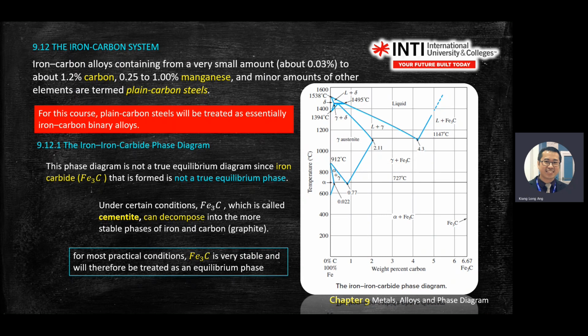In a more simplified diagram, you don't see Fe3C, you see carbon. If you forget that the name of Fe3C is cementite, you can just write the formula. No issue for me. It means that you understand the graph.